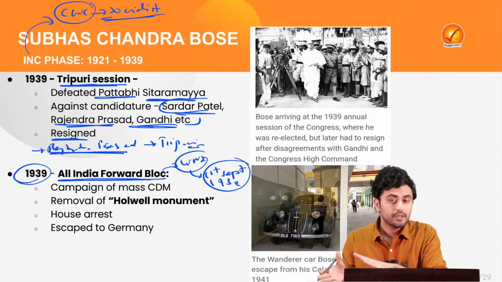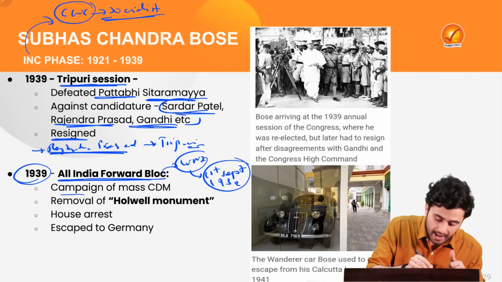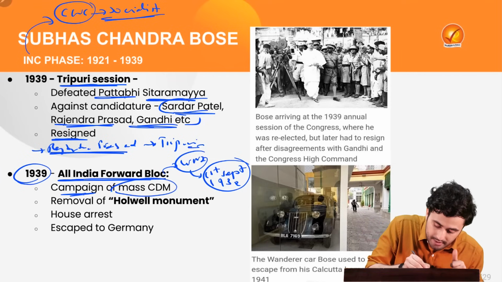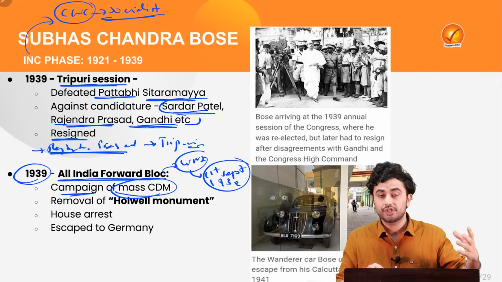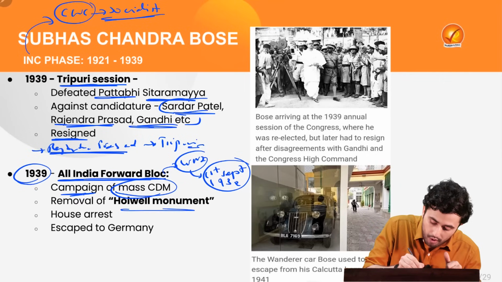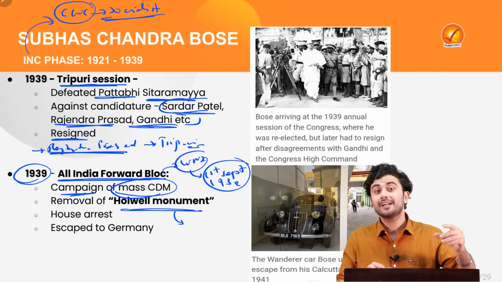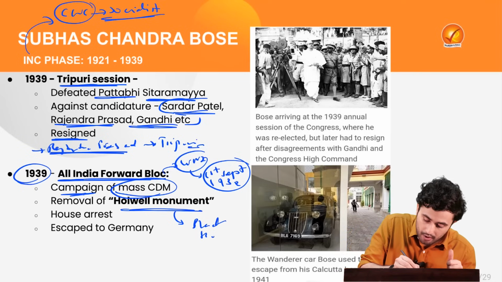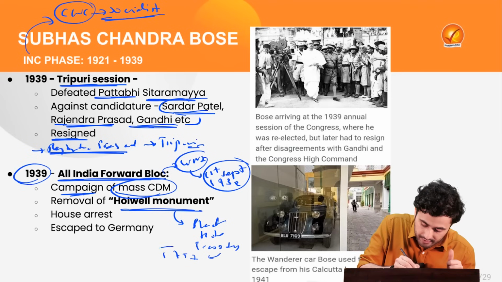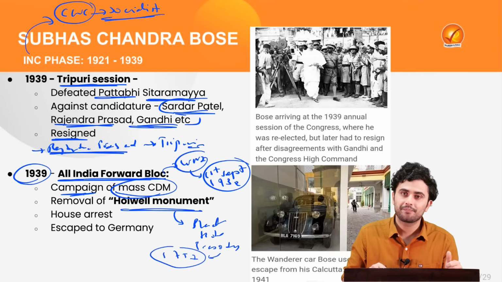Thus, when the onset of the World War took place, Subhash Chandra Bose campaigned for a mass civil disobedience movement and also led a procession to remove the Holwell monument, which was created to commemorate the Britishers who died in the Black Hole tragedy in the year 1757 at the hands of Nawab Siraj-ud-Dawla.